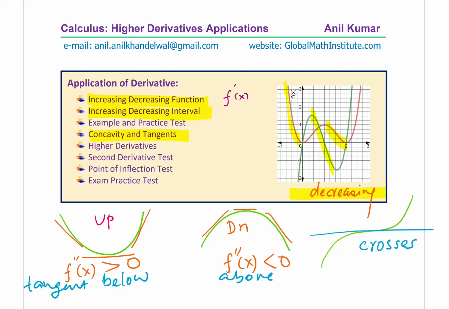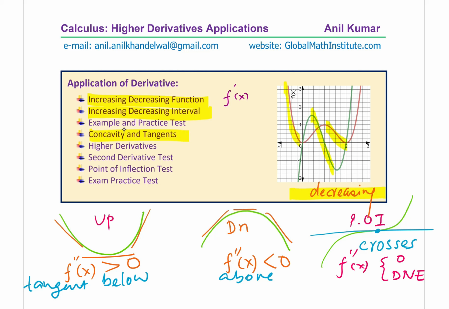In that case, it crosses. Perfect. Now, at point of inflection, the second derivative could be either equal to 0 or it may not exist. So, for point of inflection, it is important to show that the second derivative is either 0 or does not exist, and on either side, the concavity changes. Perfect. So, that is what it is.